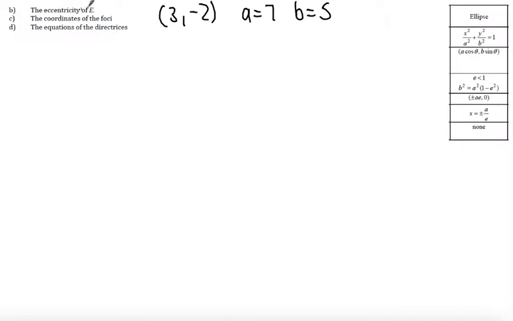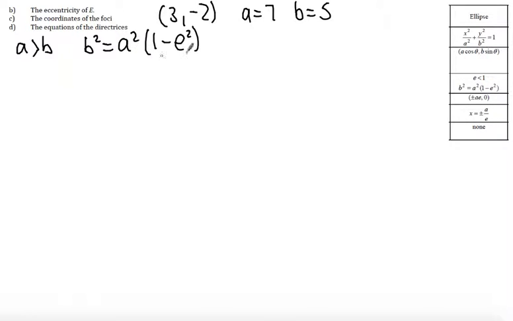So it asks us for the eccentricity of E. Now since a is greater than b, then we are going to have b squared equals a squared times (1 minus e squared).